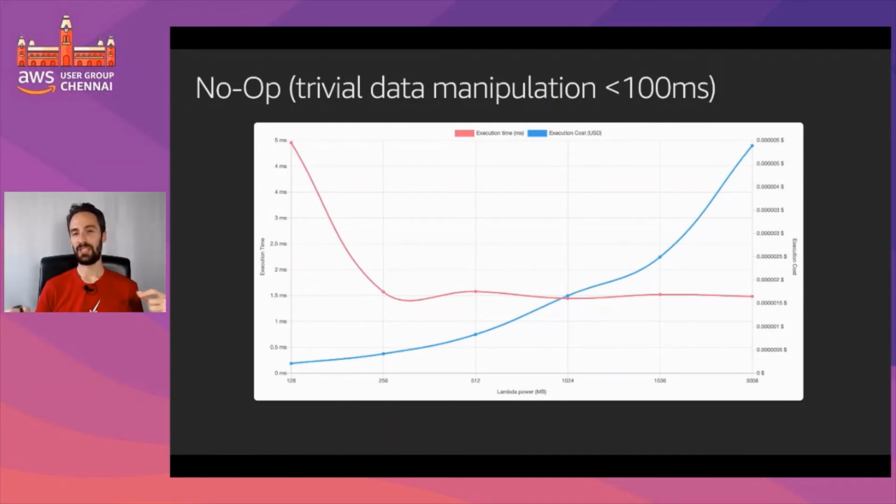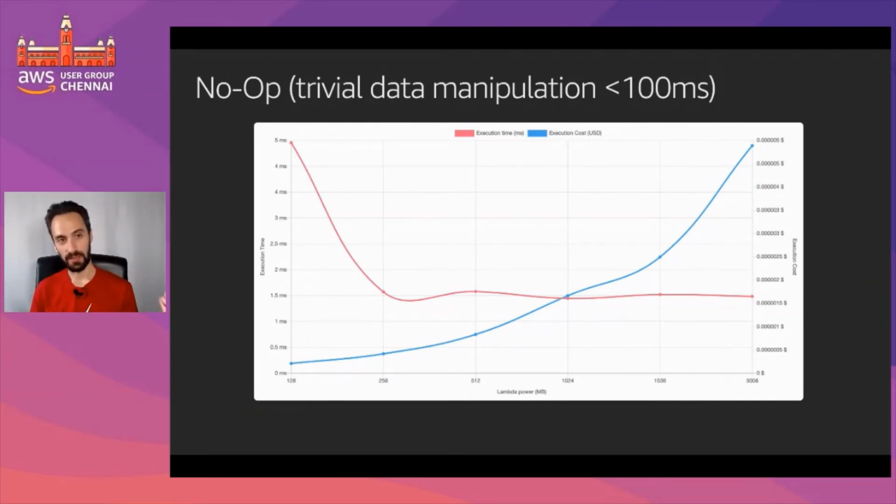All those functions that don't do very much, they don't do any API call, they don't do any long-running computation. All they're doing is maybe getting an event as input, manipulating it a little bit, checking a parameter, storing something in memory, or not even that, or maybe just returning a simple string or a simple OK. So usually you don't have any API calls or anything else.